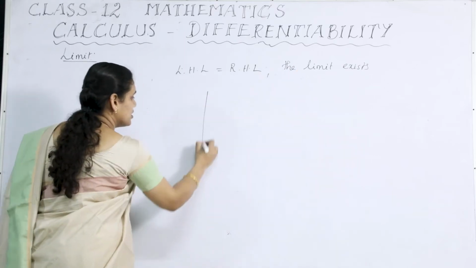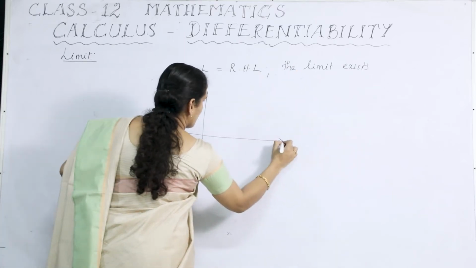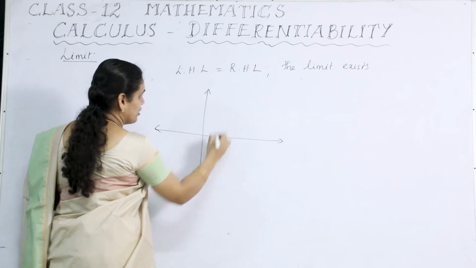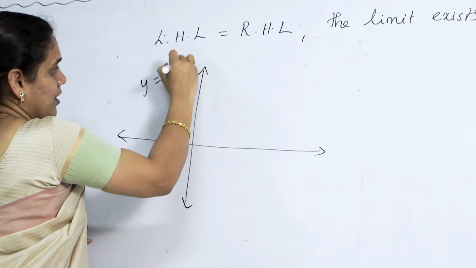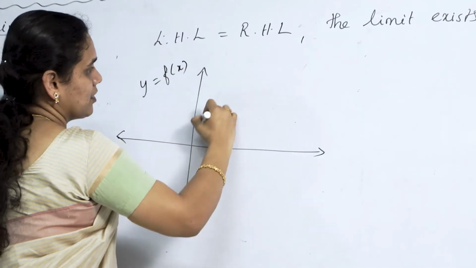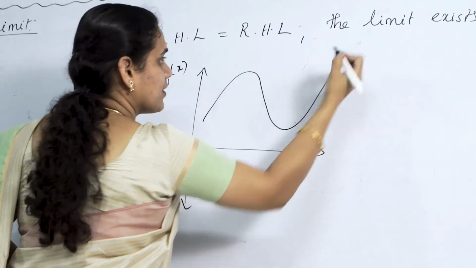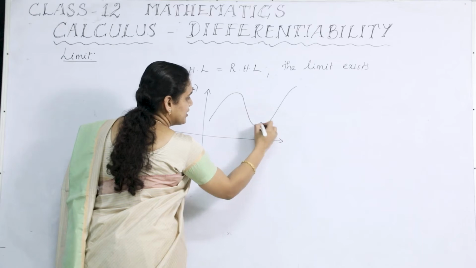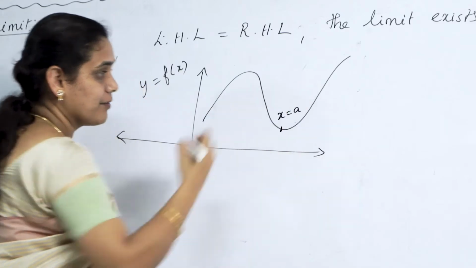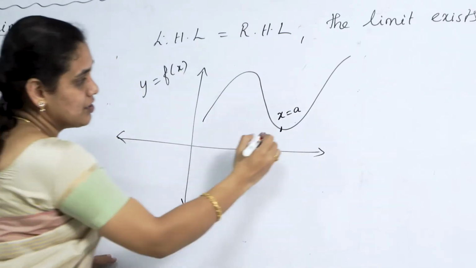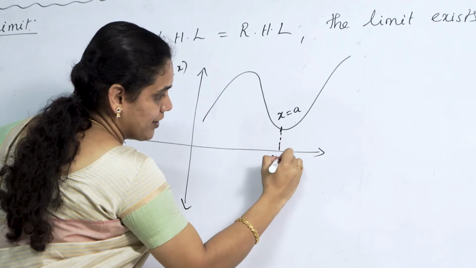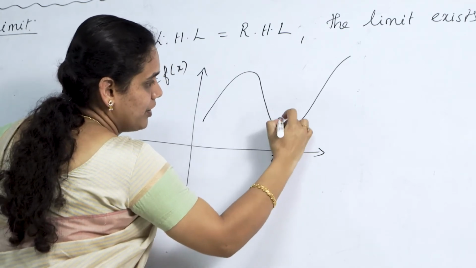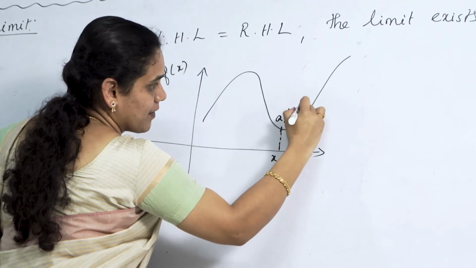For example, if you see the graph, you will easily understand. For example, this graph y equal to f(x) is drawn like this. Suppose you are reaching this point, x equal to a. Here x equal to a, and this point will be (a, f(a)).